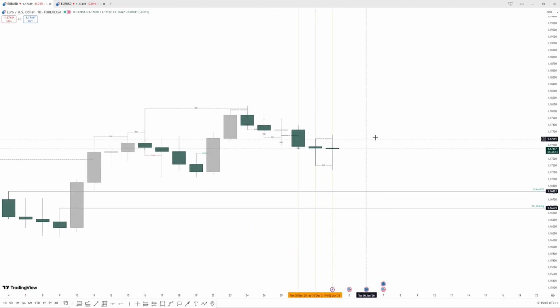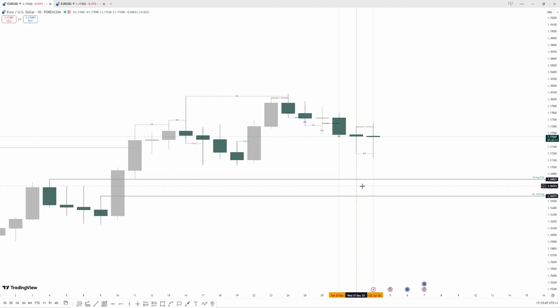Now, as you can see, the previous daily candle swept the low and closed above the low of the one before it, which is this one.